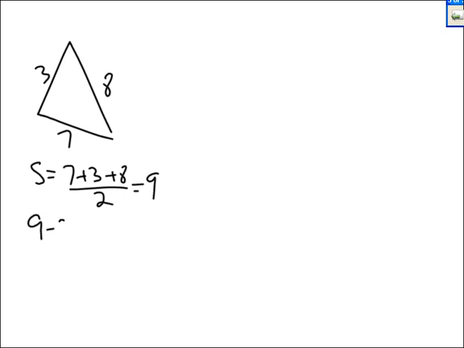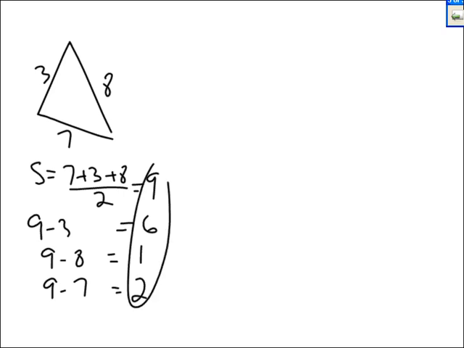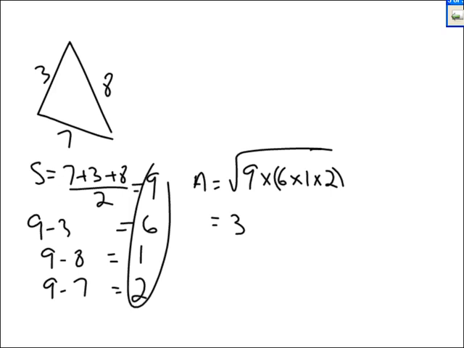Then you do 9 minus 3, you do 9 minus 8, and you do 9 minus 7. And you multiply these numbers. The area will be the square root of this product. 9 times 6 times 1 times 2. That's some number. The area is the square root of 9 times the square root of this number. But I know the square root of 9. I'm not going to multiply it out.